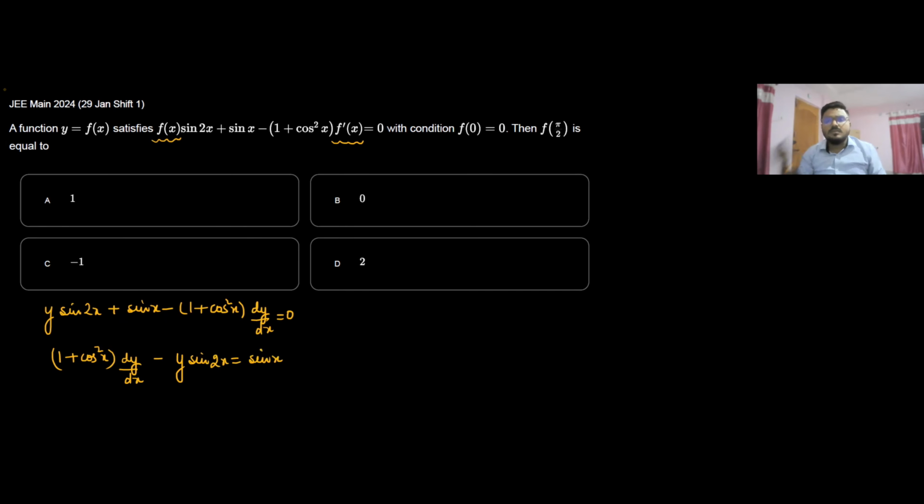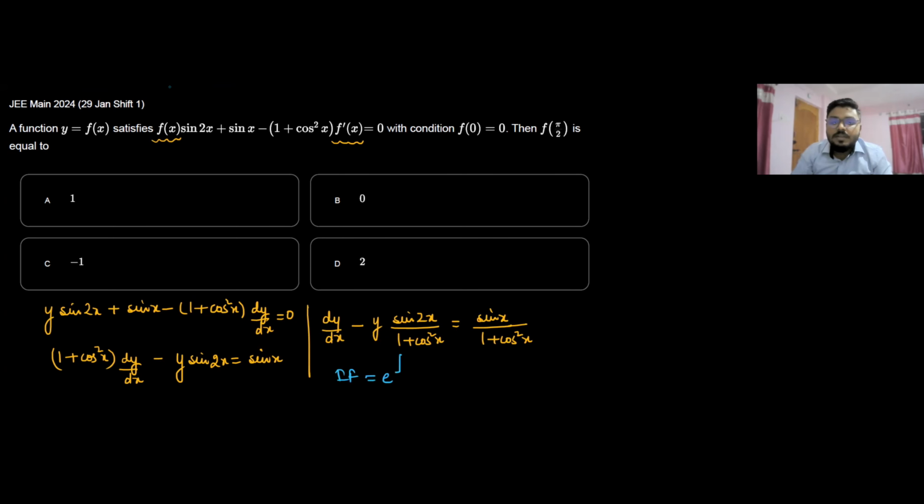So it is reducible to linear. Let's divide this throughout by 1 plus cos square x. So that would be dy by dx minus y times sine 2x divided by (1 plus cos square x) equal to sine x divided by (1 plus cos square x). So now this is clearly a linear differential equation. Let us find the integrating factor here.